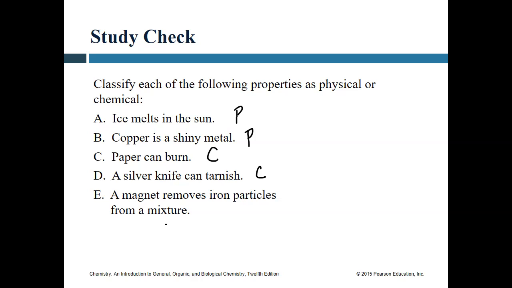A magnet moves iron particles from a mixture. All right, this one's tougher, but it is physical. When you're moving that magnet around, you aren't changing the iron into anything else. You're just using a property of the iron, its magnetism, to separate the components from each other.